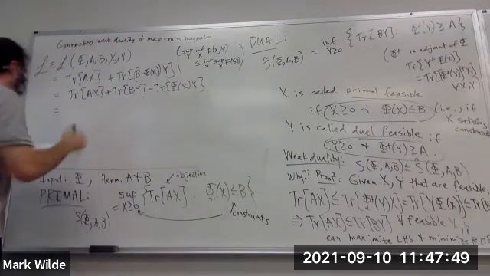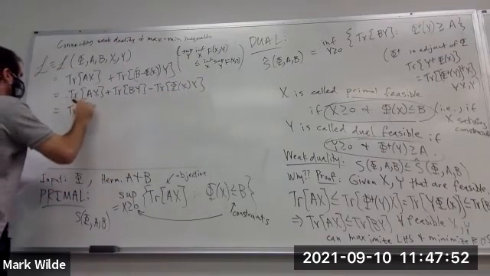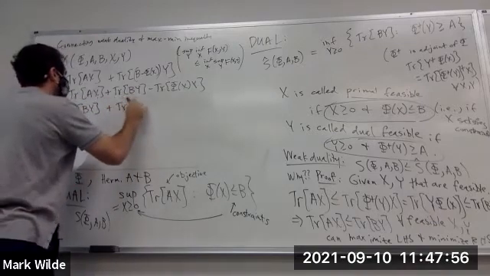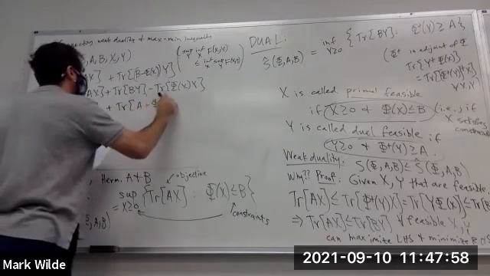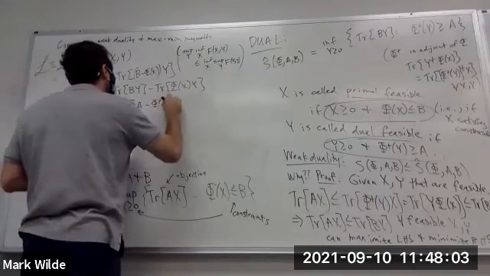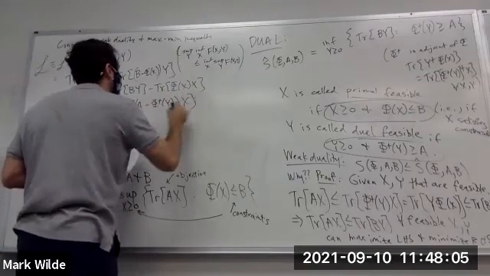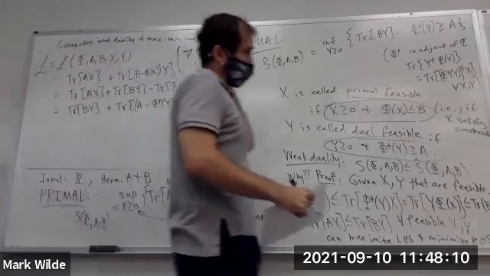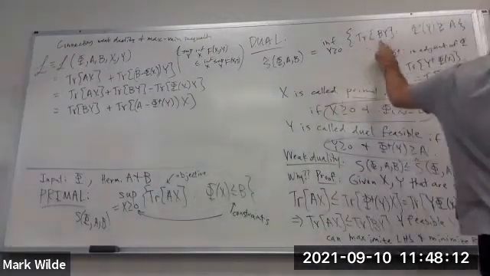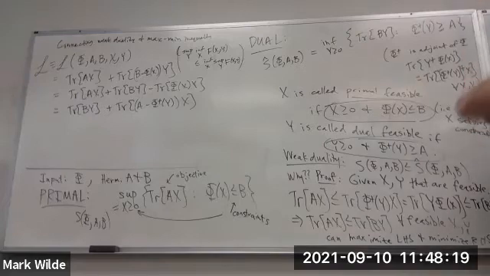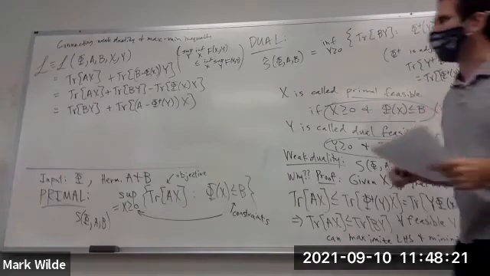And then we can rewrite this as trace BY plus trace A minus phi dagger Y. So when you look at this formulation, you think, oh, okay, this corresponds to taking the dual objective, this inequality constraint, multiplying it by positive semi-definite X, which is like a Lagrange multiplier.